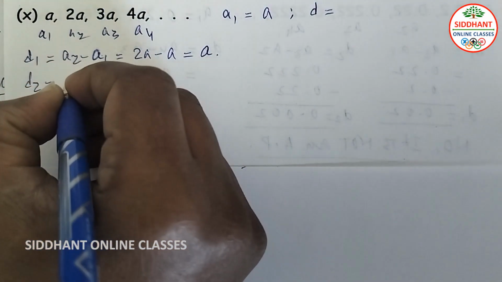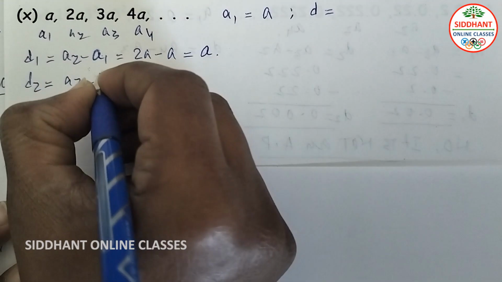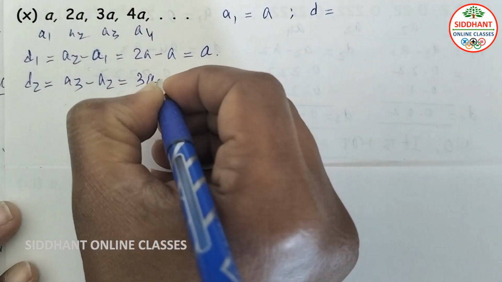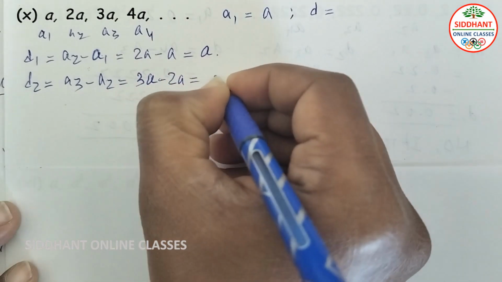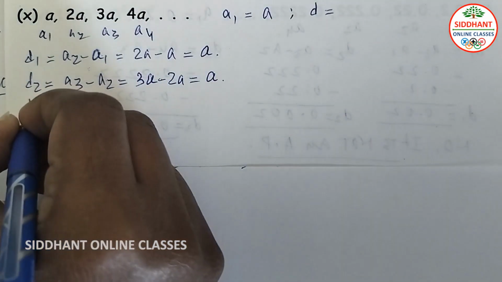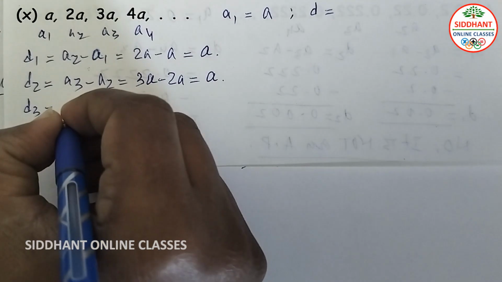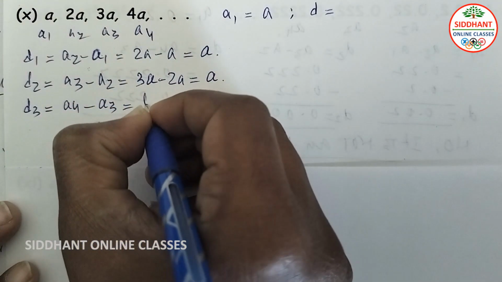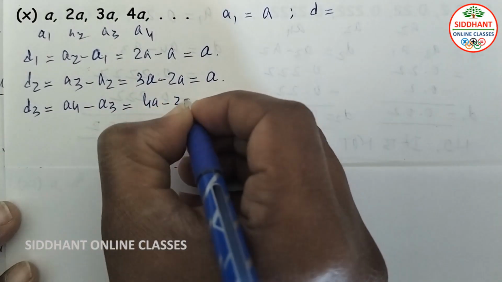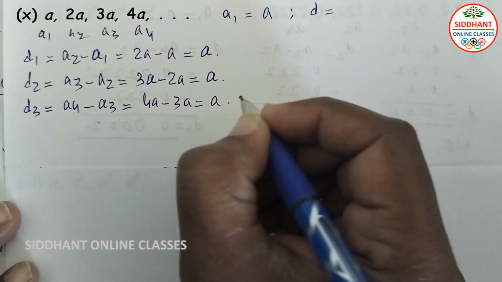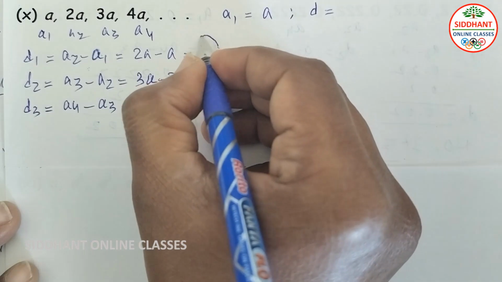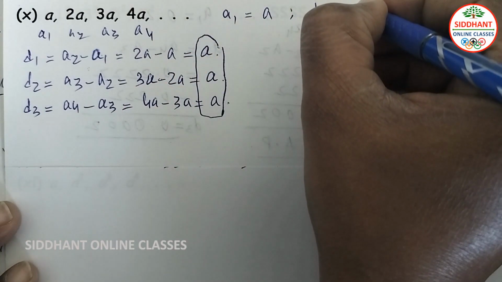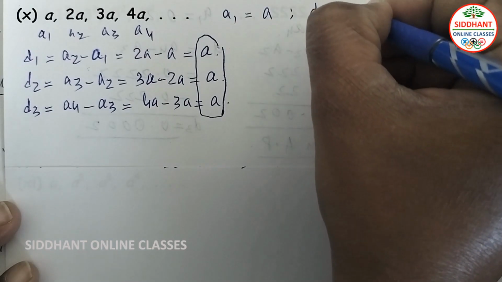D2 is A3 minus A2, that equal to 3A minus 2A, that equal to A here. D3 is A4 minus A3, that equal to 4A minus 3A, that equal to A. So here A is common, that is we get a common difference which is A here.